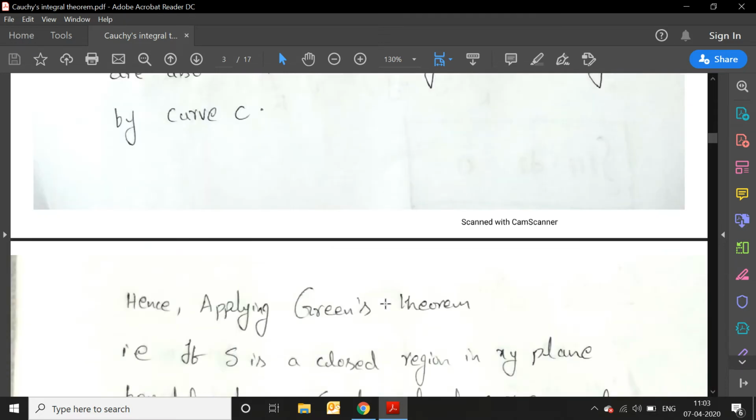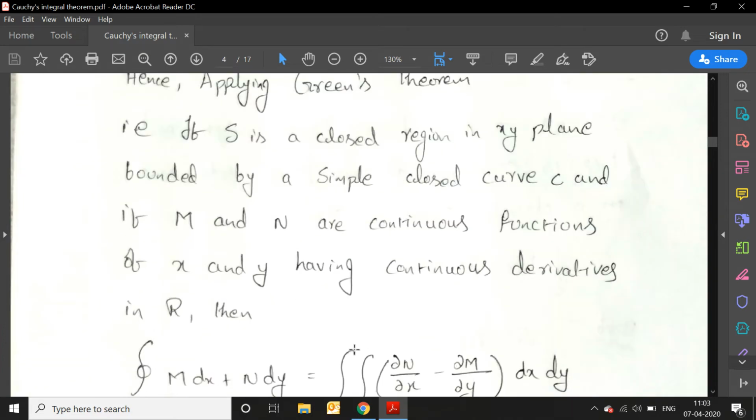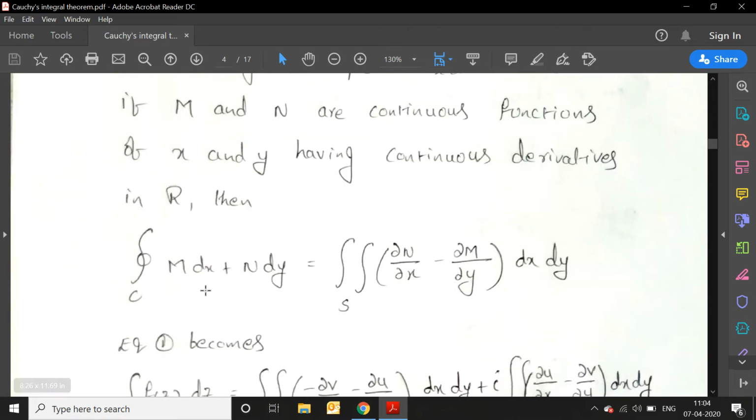So what is Green's theorem? Green's theorem is: if S is a closed region in the xy plane bounded by a simple closed curve C, and if M and N are continuous functions of x and y having continuous derivatives in R, then the closed integral over C of M dx + N dy is equal to the double integral over S of (∂N/∂x − ∂M/∂y) dx dy.